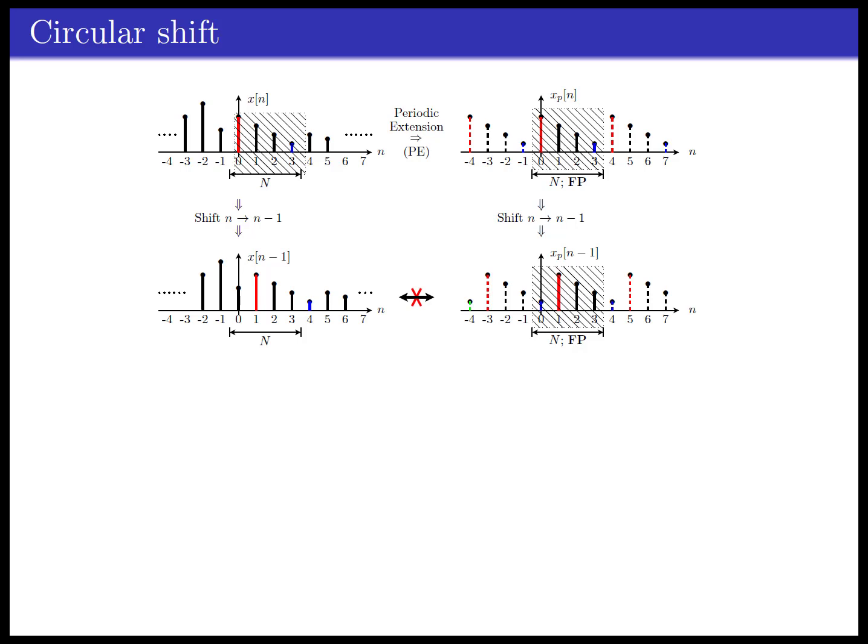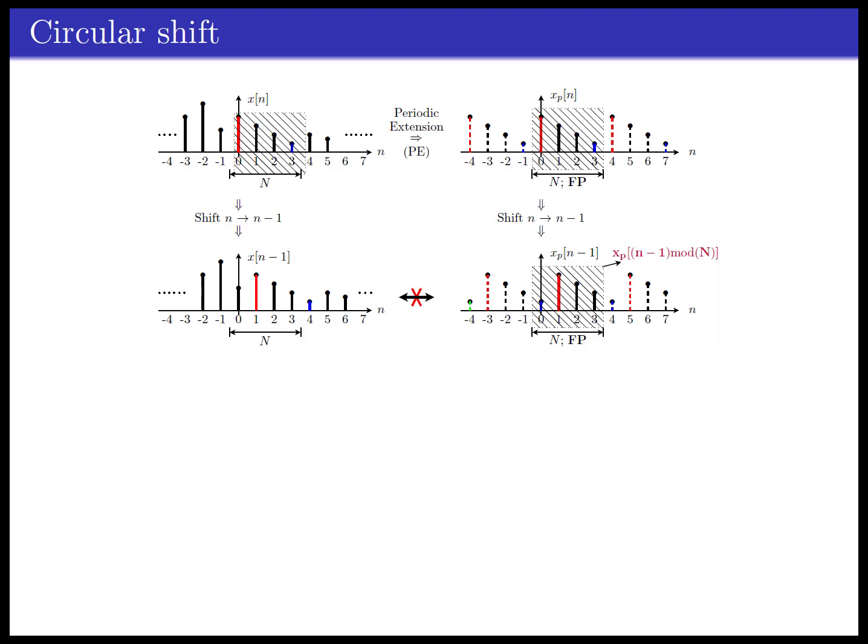More specifically, for x_p[n-1] the blue sample at index n is 3 is moved out of the fundamental period at the right hand side, while it enters again the fundamental period at the left hand side at index n is 0. This circular behavior can be represented by using modulo counting for the indices of the periodic extended signal.